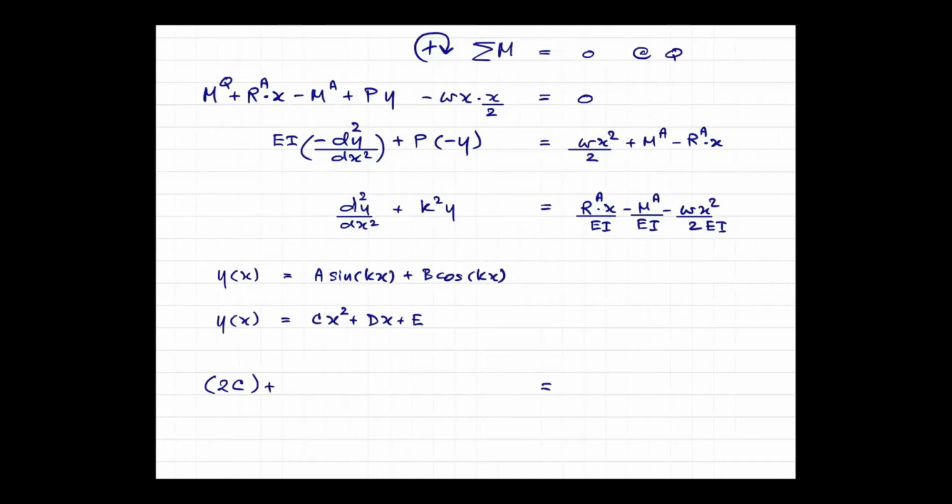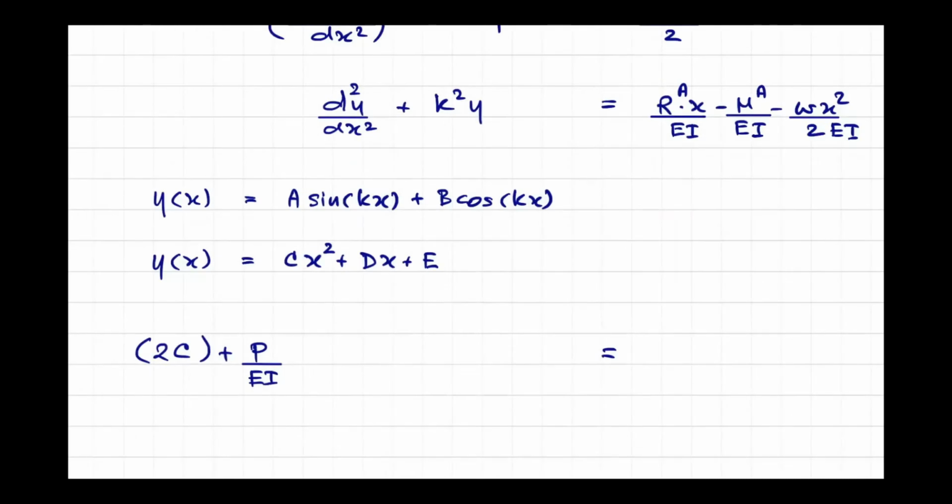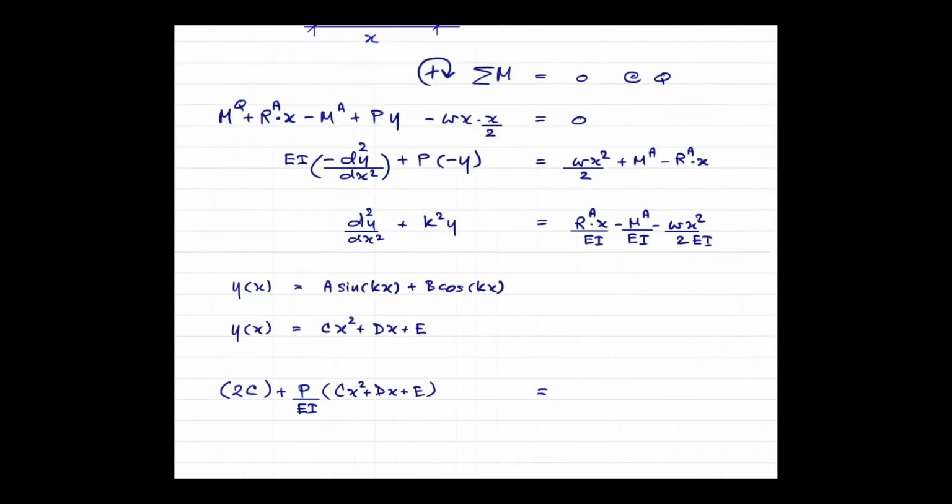And then plus k squared, which is P over EI. I just put it back into P over EI terms again. We have cx squared plus dx plus e equal to this whole thing on the right hand side. Copy and paste. Right, this whole thing.